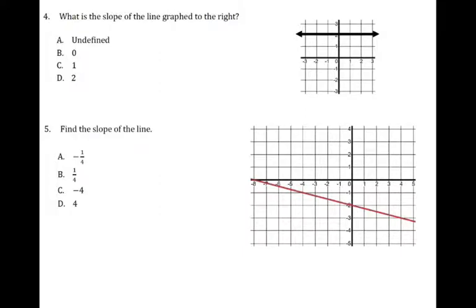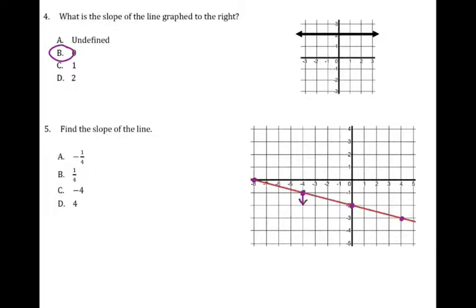Okay, what is the slope of the line graphed to the right? It is a horizontal line, so my slope is 0, not undefined. Number 5, find the slope of this line. In order to find this slope, I'm going to look for nice points on the graph where they cross the grid in beautiful spots. And then I'm going to do rise over run.